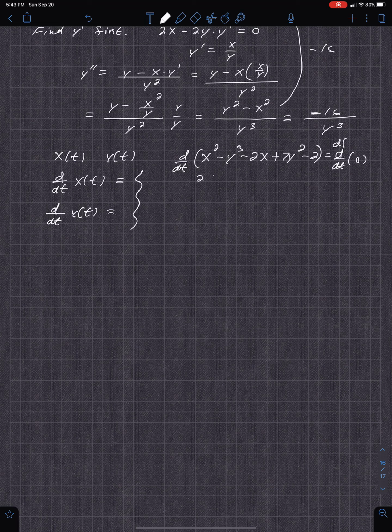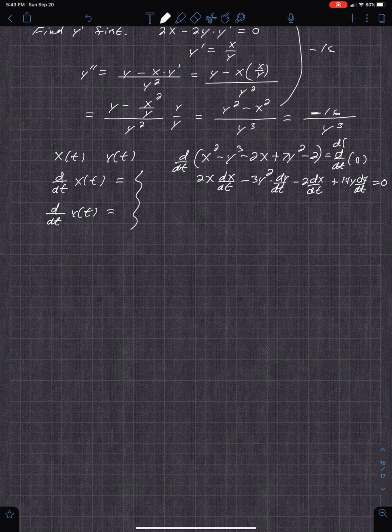Then you say 2x, because you take its derivative, and then dx/dt. Then minus 3y squared, and then dy/dt. So each time you take the derivative, you say that afterwards, because each function is a function of t. And minus 2 dx/dt, plus 14y dy/dt, and then that's 0.